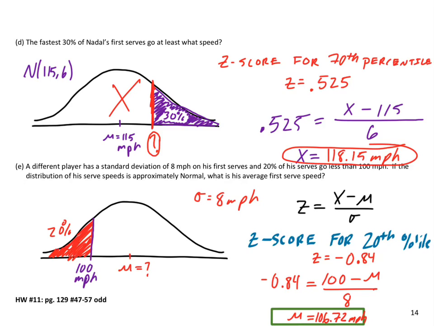So if you're answering in context, I would come back around and conclude like this: this player's average serve speed is 106.72 miles per hour.